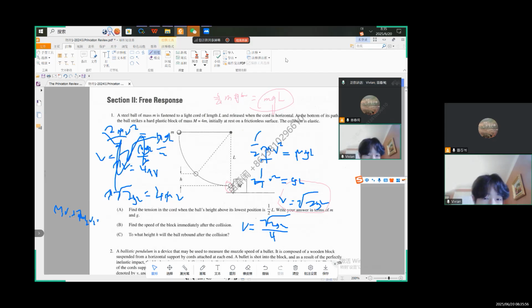We need both, because you see that you have v1 and v2. You have 2 variables. You can't do it with one equation. You need the energy conservation too. So you have 2 variables and 2 equations. Does that make sense?